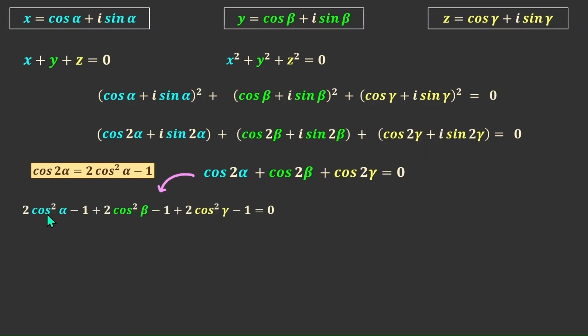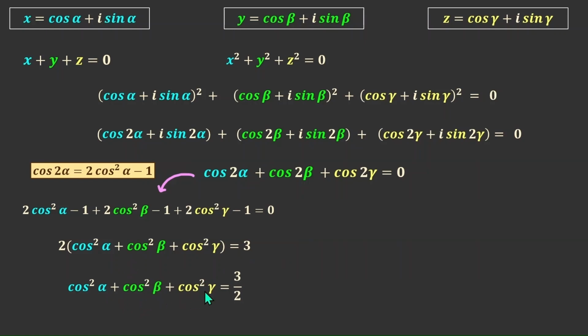So we get that 2 cos square alpha minus 1 plus 2 cos square beta minus 1 plus 2 cos square gamma minus 1 is equal to 0, which would give us that 2 into cos square alpha plus cos square beta plus cos square gamma is equal to 3. And by dividing both sides, we get that cos square alpha plus cos square beta plus cos square gamma is equal to 3 by 2.